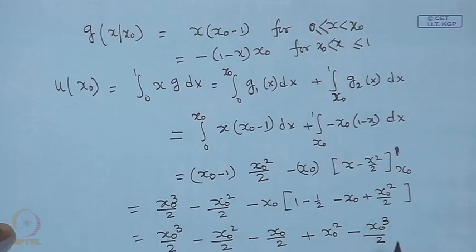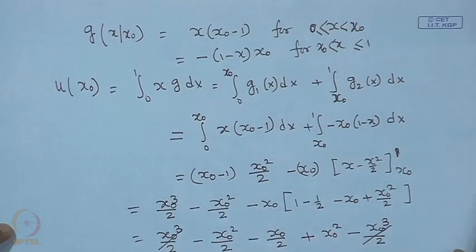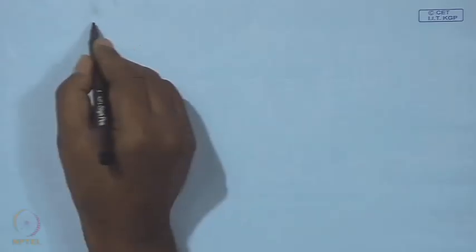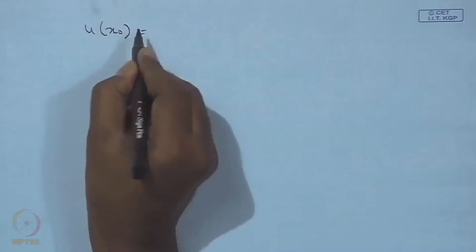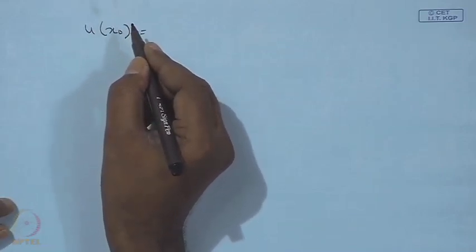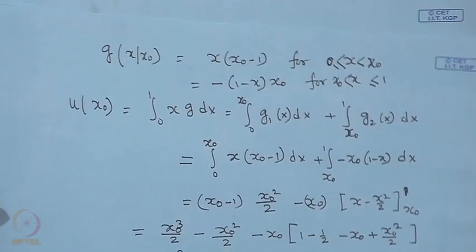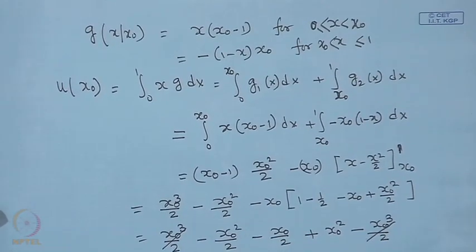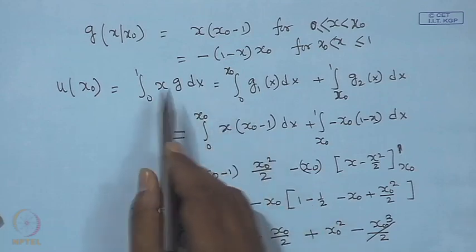So, x naught cube will be cancelling out, this will be gone, and then what we will be having is u of x naught is equal to... this should be there, there is an x there.